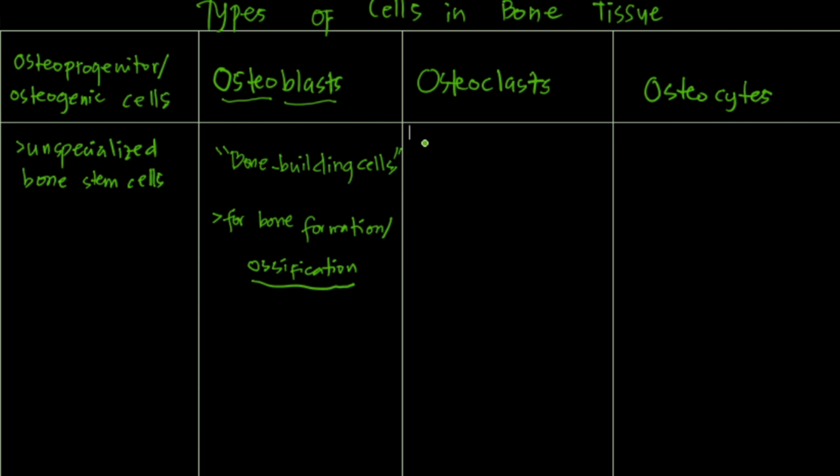Now next is your osteoclast. Your osteoclasts are said to be the bone destroying cells. From the word osteo, which is bone, and clast, which means to destroy or break down.